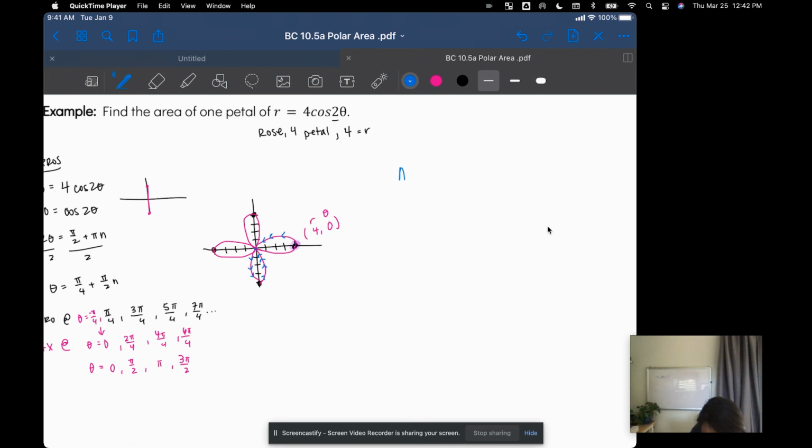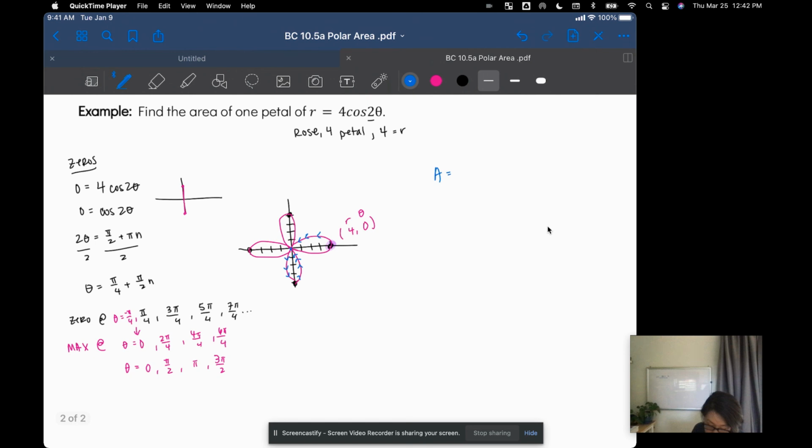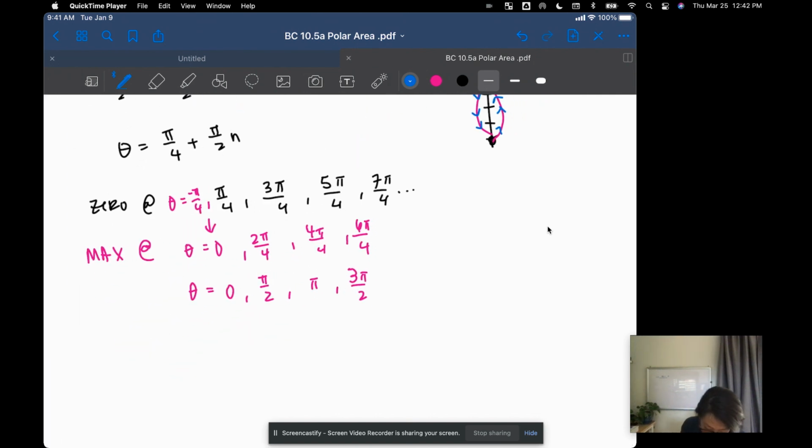So to get the area, I just need the area of one petal. You choose the bounds to be from one zero to the next. Looking at my zeros, the first 0 was at pi over 4, and the second 0 is 3 pi over 4. But you could also choose any 2 consecutive zeros to be the bounds for your area.